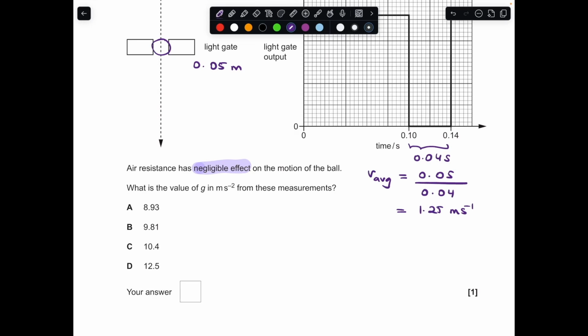The midpoint of that time interval will be 0.1 plus 0.14 divided by 2, and that would give me a value of 0.12 seconds. So this velocity of 1.25 meters per second is at the midpoint, 0.12 seconds. That's point number 2.